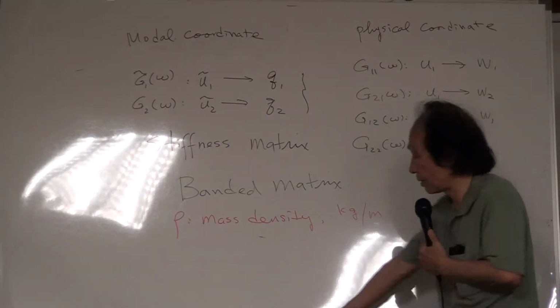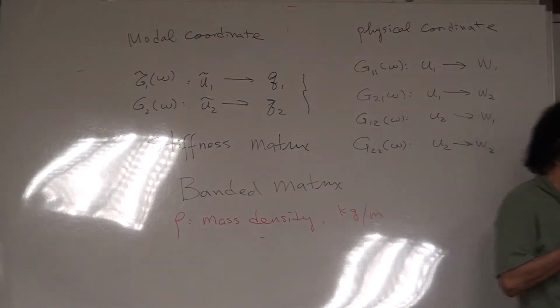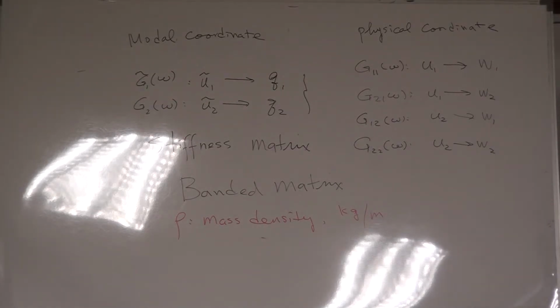That's what we call the mass density. All right. EA is related to stiffness, and we will see why we do not define that.